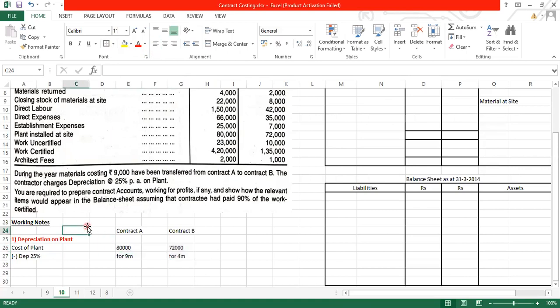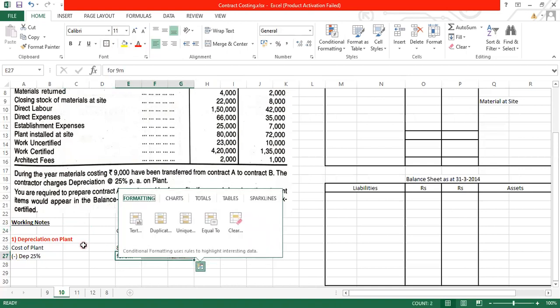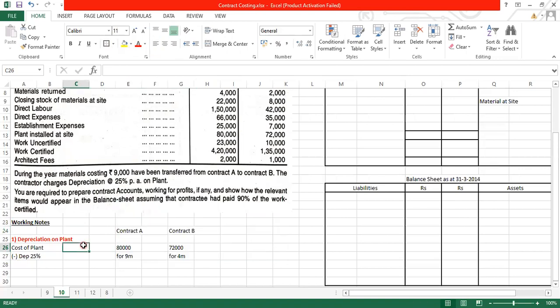So find out the figure of the depreciation. Or else what you can do, you can just write it down here. So the amount here will be 20,000.